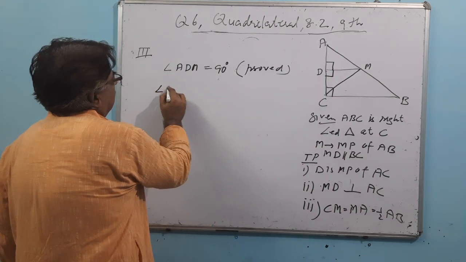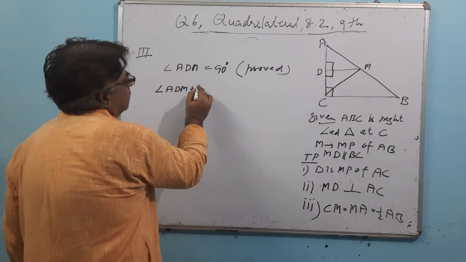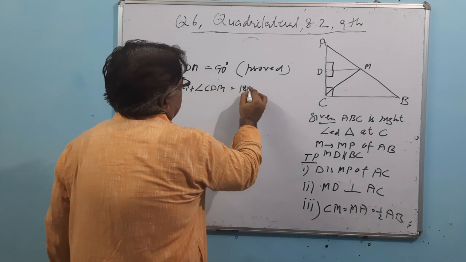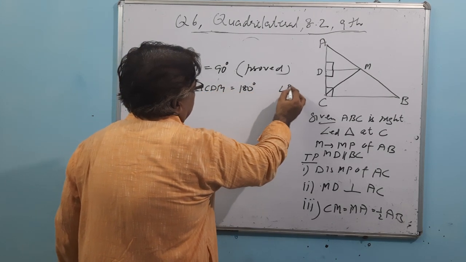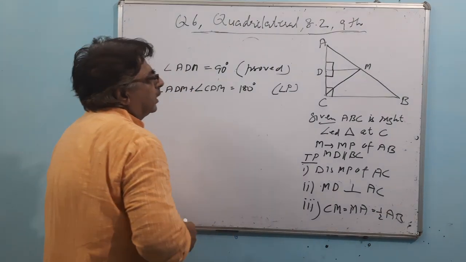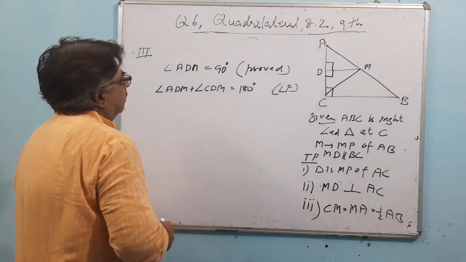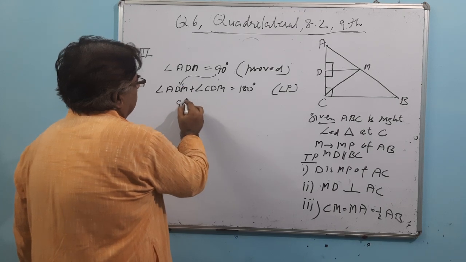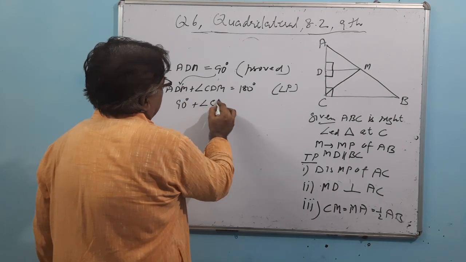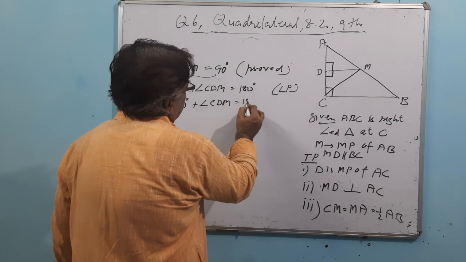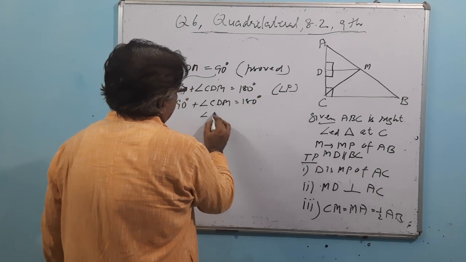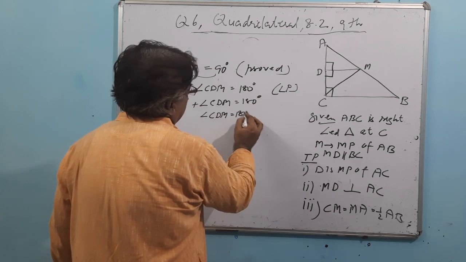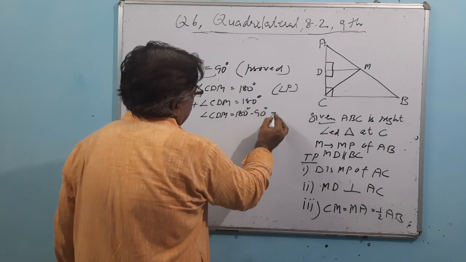So angle ADM plus angle CDM is equal to 180 degree because they are making a linear pair. But as we know, ADM is 90 degree. So angle CDM is also of 90 degree.